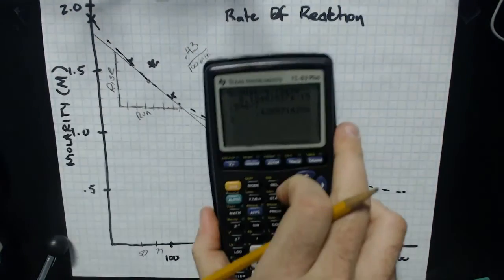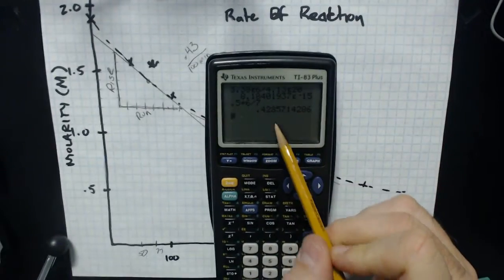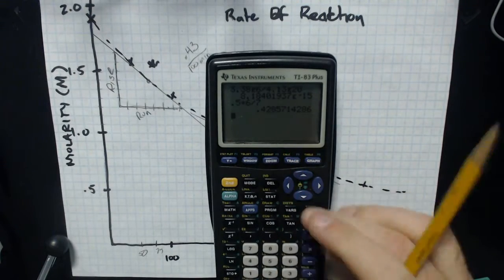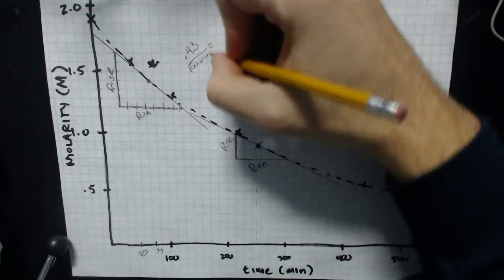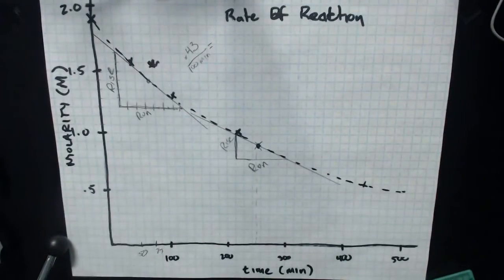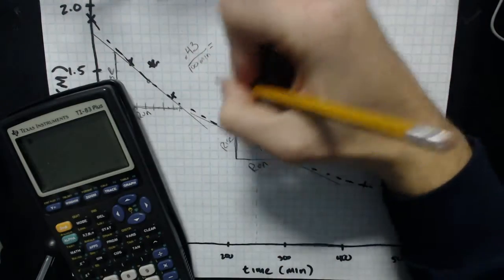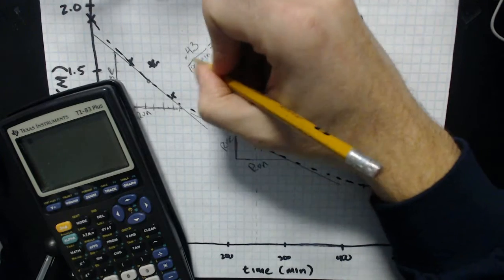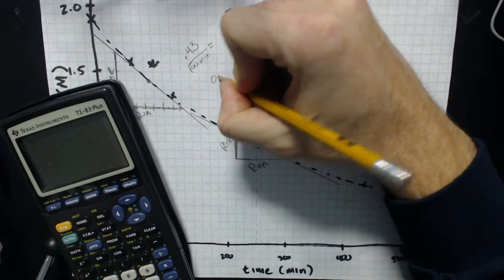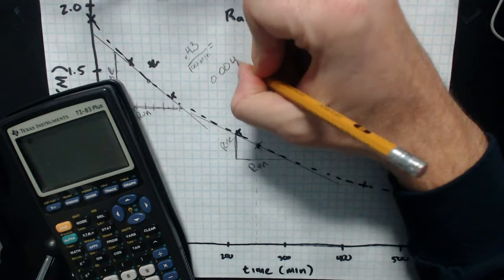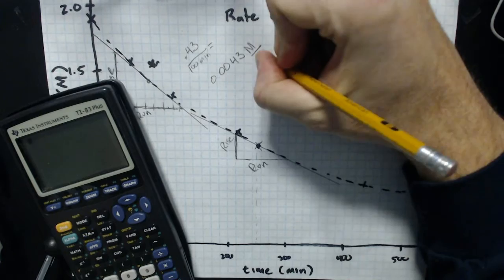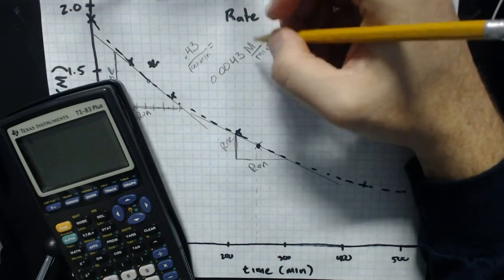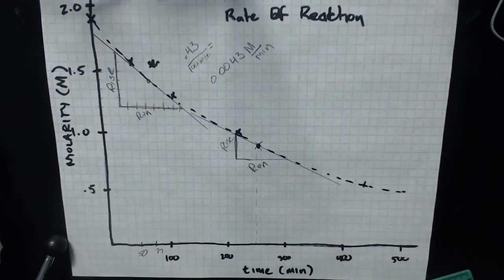Okay, because if we look, you can see, okay, 0.43. Cool. Okay. And so that is the change in concentration. So now let's do that. We don't need a calculator to do that. 0.43 divided by 100 is 0.0043 molar per minute. Okay, and that's the instantaneous rate of change there.